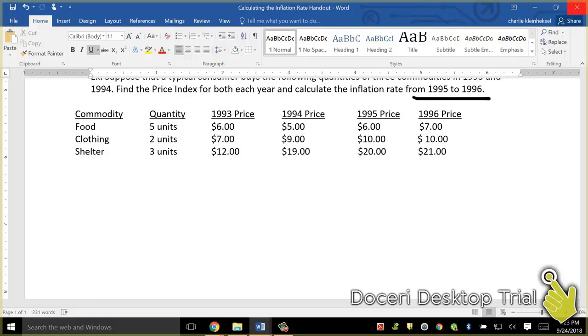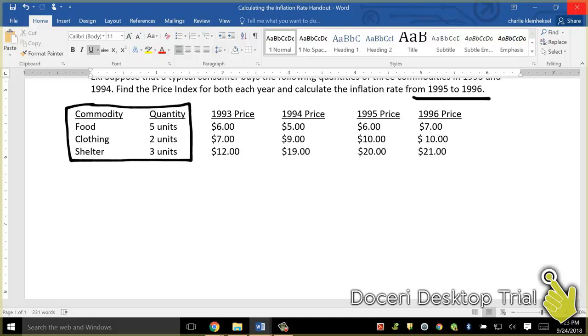Now it's important for us to know that a market basket is just a group of goods that we are trying to calculate the inflation rate of. Just a group of goods that we want to measure the change in prices. So our market basket is going to be this group of goods right here. In our example, we are trying to calculate the inflation rate for food.